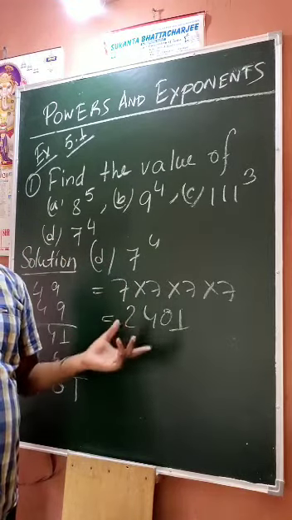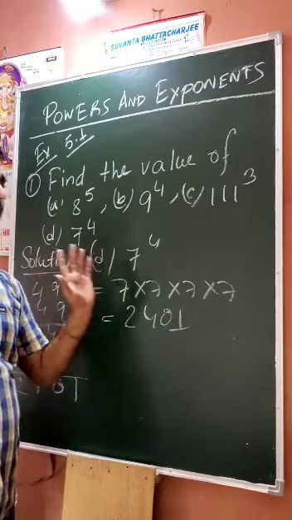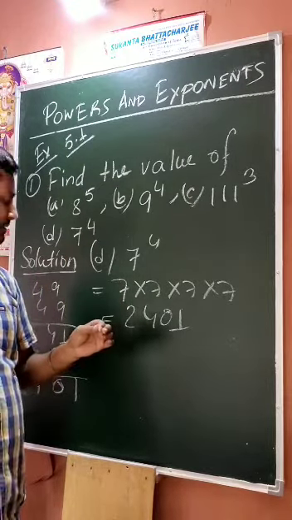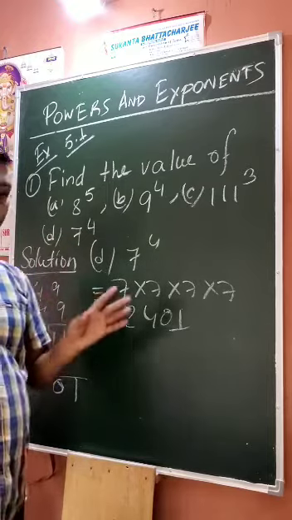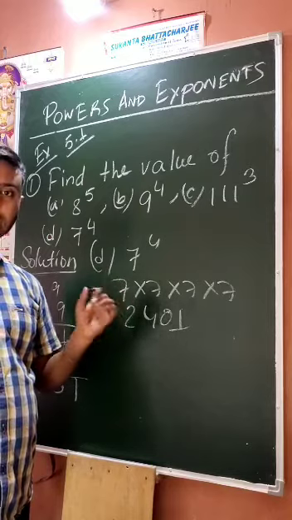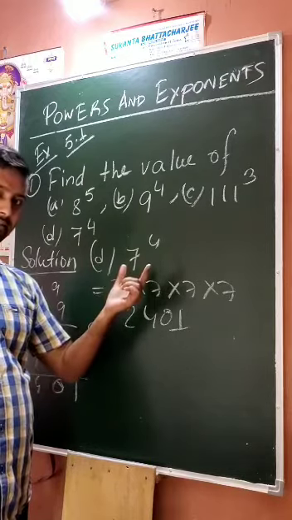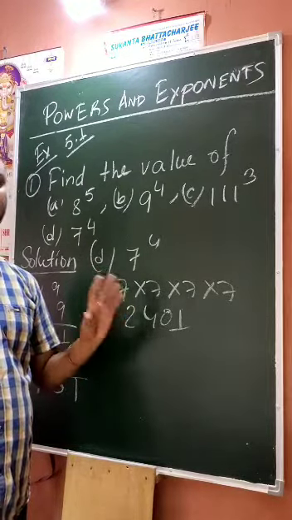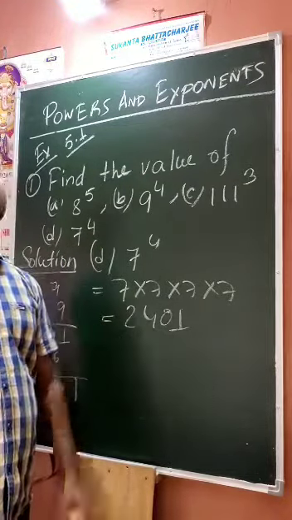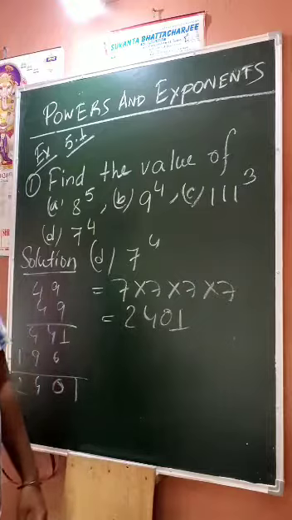But in the higher classes you will get most of the maths related to exponents and powers. Suppose this one is a to the power 10, that means a is the base, 10 is the power, so you multiply a 10 times. So the first question you just find the value of this one. In the second question I will solve the other one. Okay, thank you.